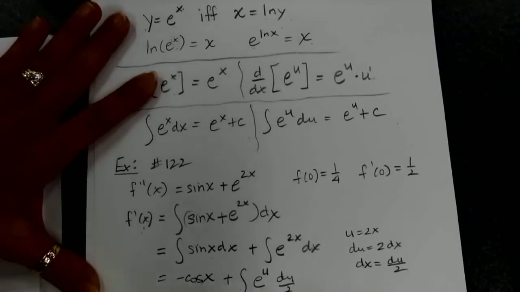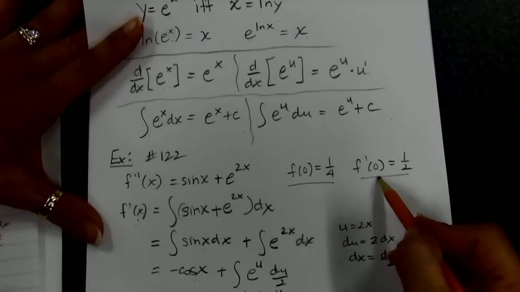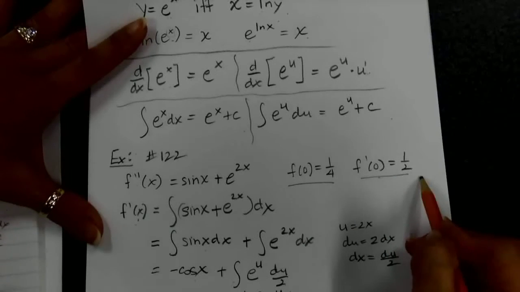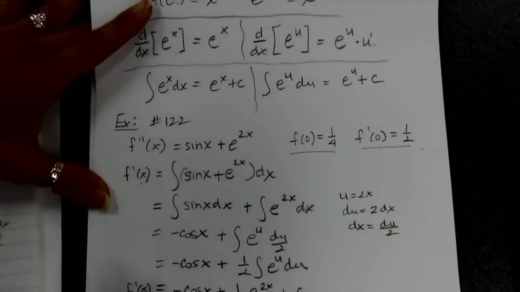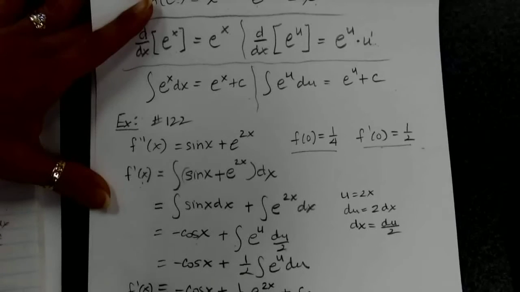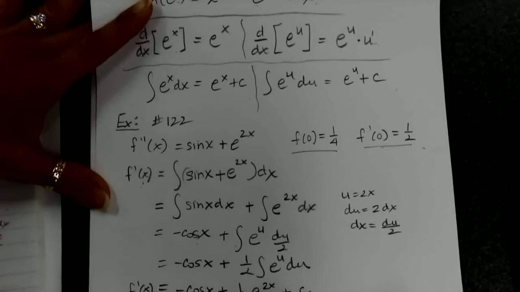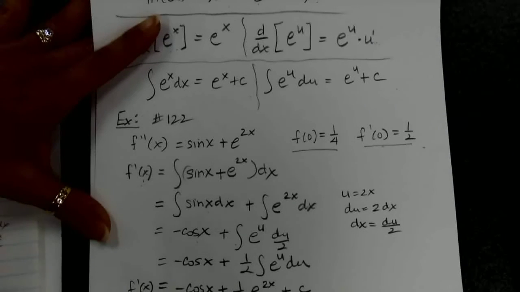Now, they've given us conditions here. It says when x is equal to 0, my first derivative equals 1/2. So I'm going to solve for c by plugging those facts in. So first derivative is equal to 1/2 when x is equal to 0. And cosine of 0 is 1, so this becomes negative 1. Plus e to the 0 is 1, so this is 1/2 plus c.